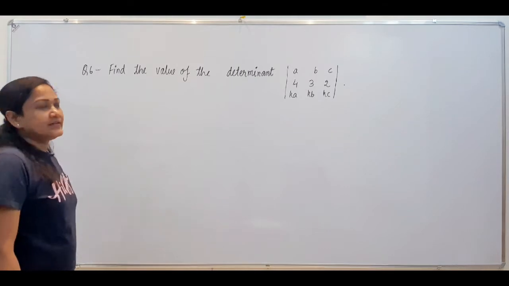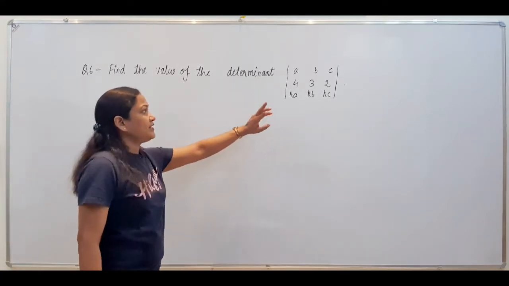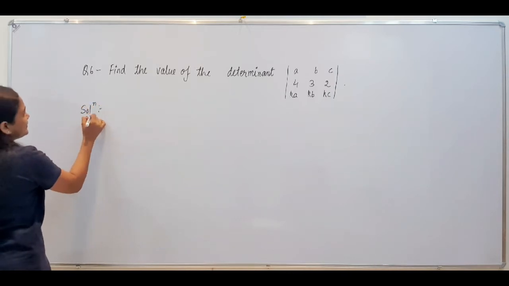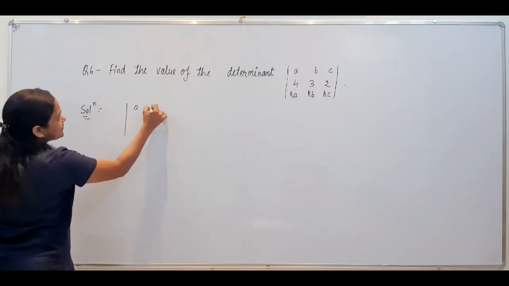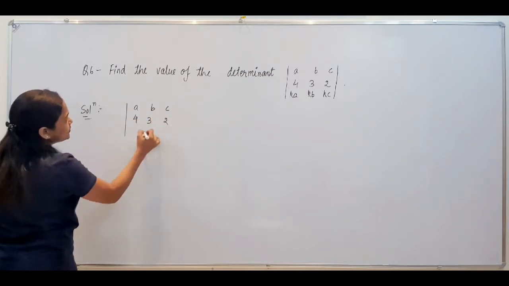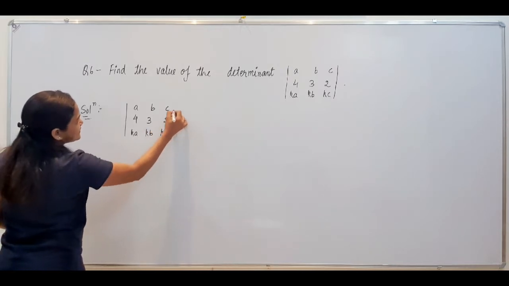Your sixth question is, find the value of this determinant. For the value of the determinant, first of all write down the determinant: a, b, c; 4, 3, 2; ka, kb and kc.